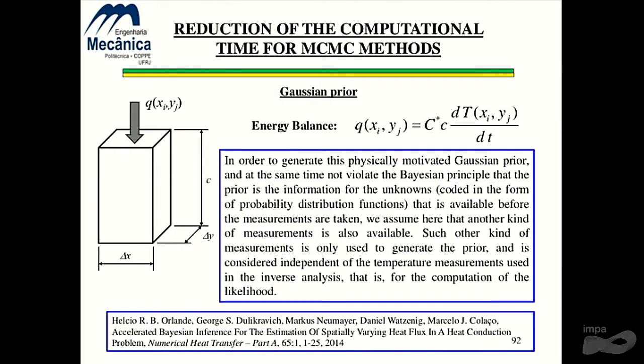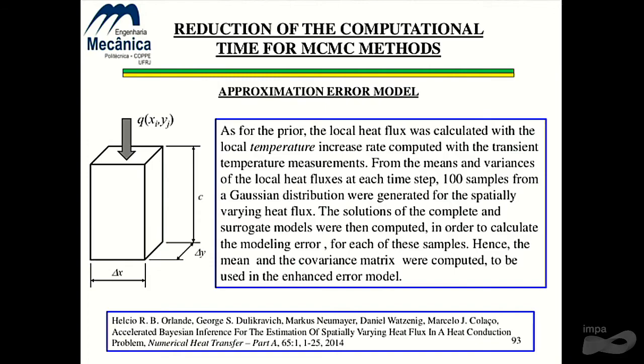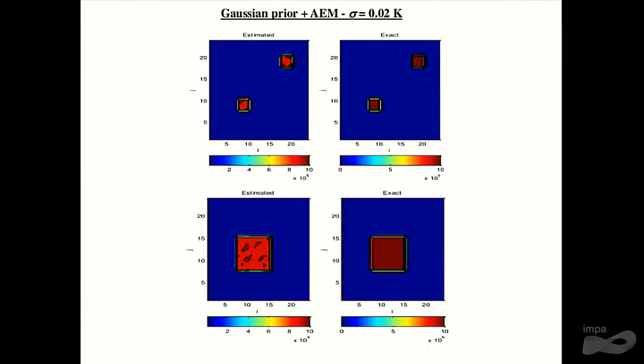In order to generate this Gaussian prior, we have used a very lousy lumped model. So with some experiments, we generated this prior with this lumped model, and then we computed the solutions with other measurements. Let me show you directly what we get here.